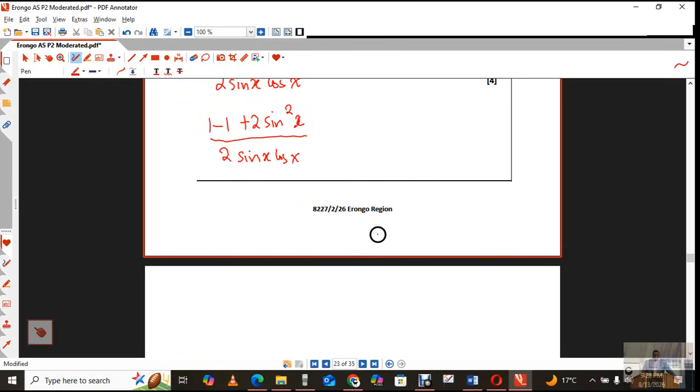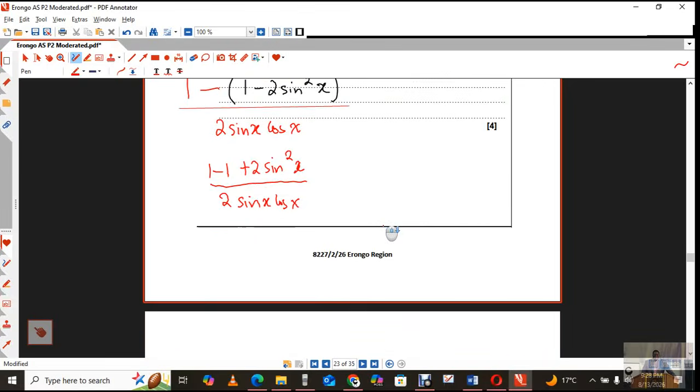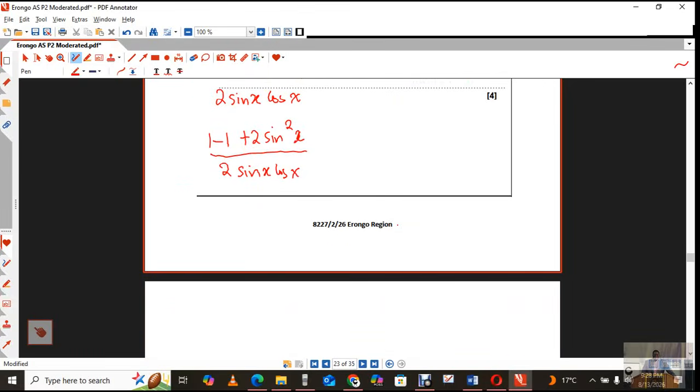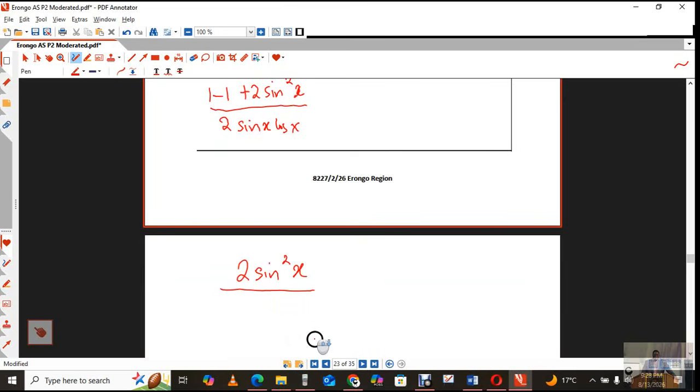Good. Now, what I'm going to be left with, the 1 minus 1 is obviously 0, so I'm left with 2 sine square x, no more double angles, can you see that? Over 2 sine x, 2 sine x cos x.